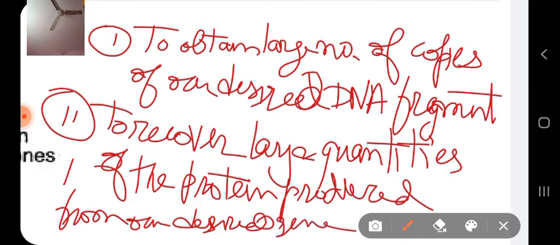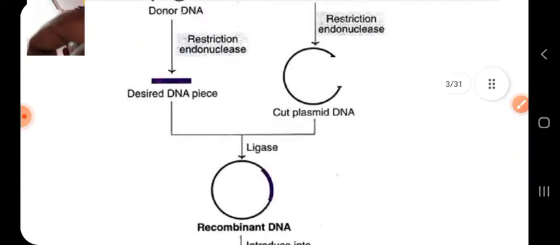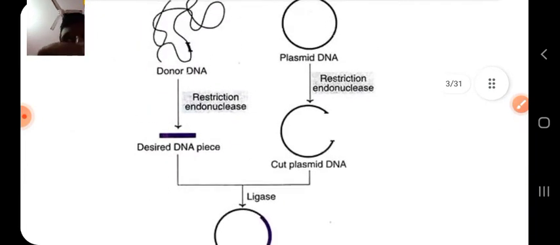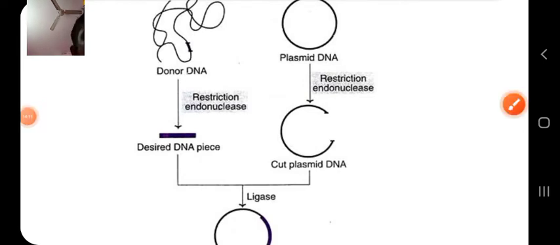And the third important point is to insert the gene, to integrate the gene into the target organism where it will express itself. Now for doing all this, we need a specific vector, and generally we use a plasmid as a vector.